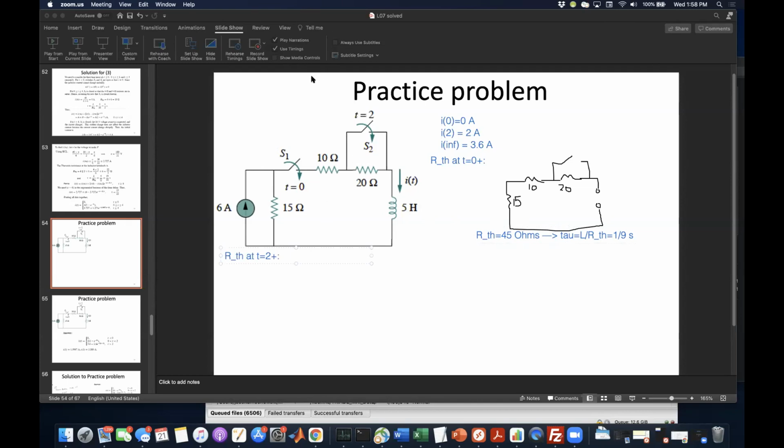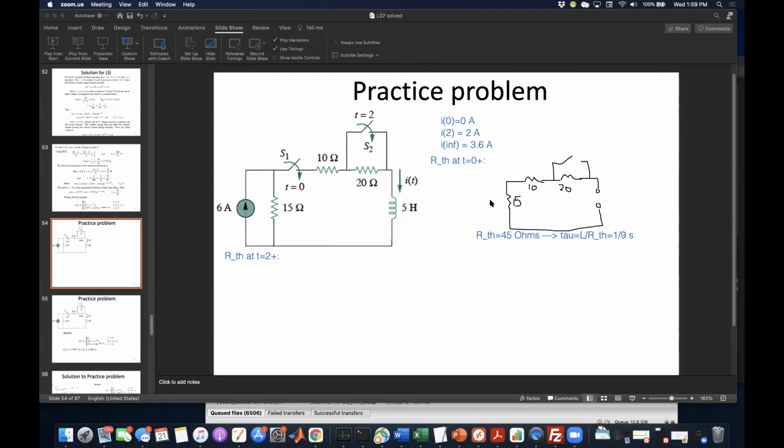So let's again draw this. Oh, we have a chat question between the 15 and the 10. Let me just take a look. Yeah, I had it drawn as closed because this was time equals 0 plus.